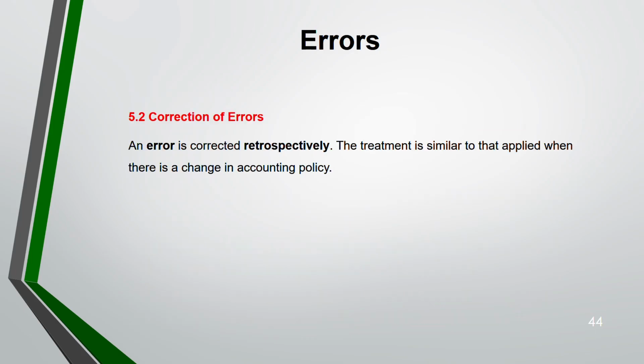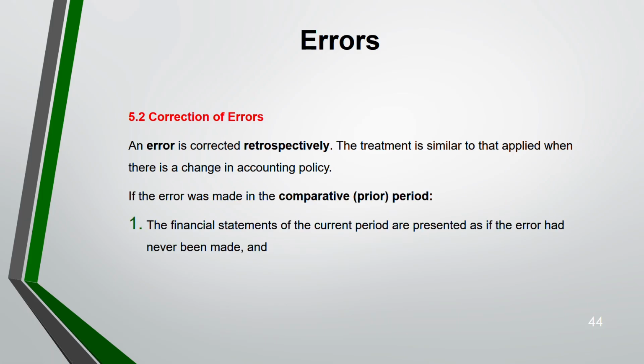Now, correction of error. An error is corrected retrospectively. This treatment is similar to what? Accounting policy. When you change your accounting policy and when you correct your error, same treatment. So the difference is only in your accounting estimate that is done prospectively. Error. If an error was made in the comparative prior period, there are two things you have to do.